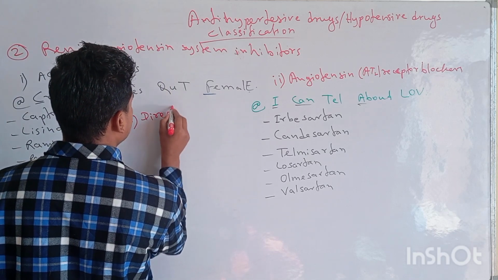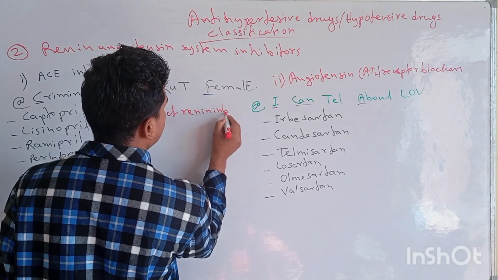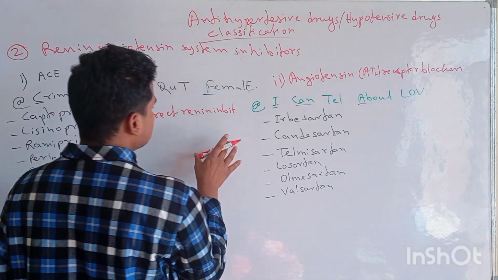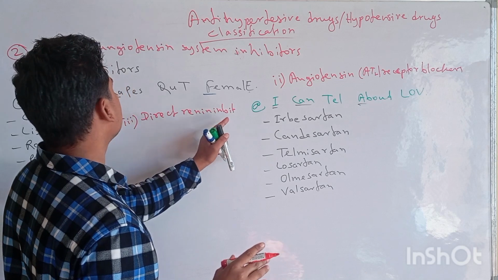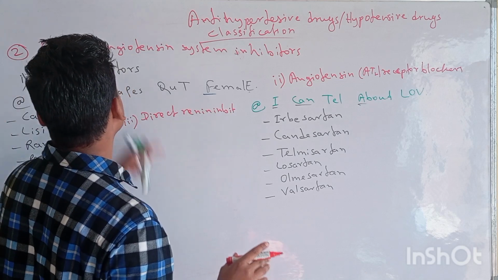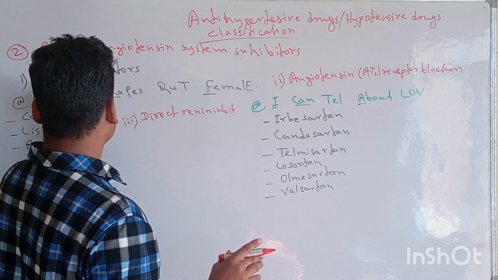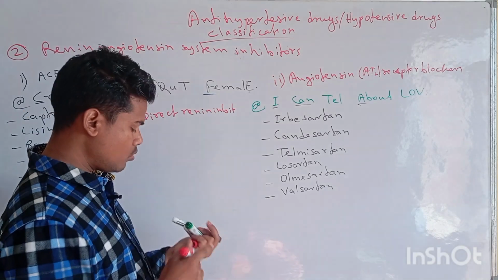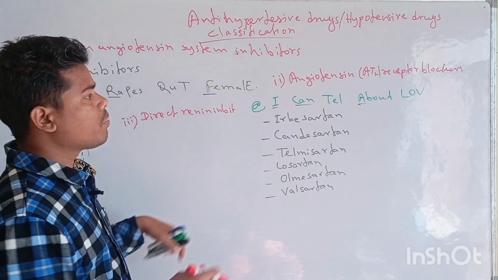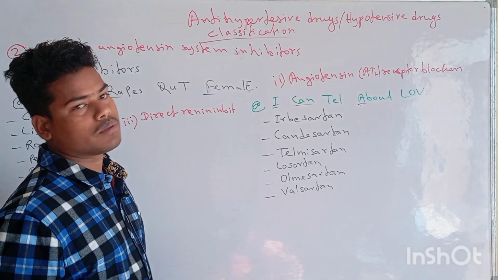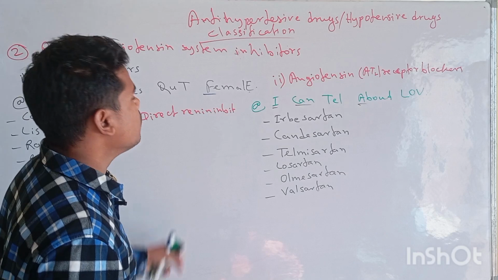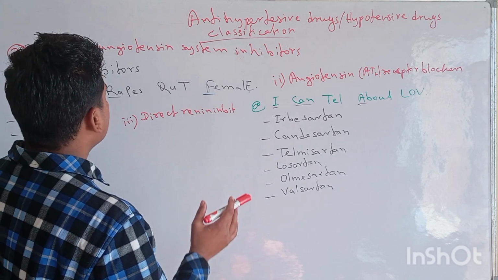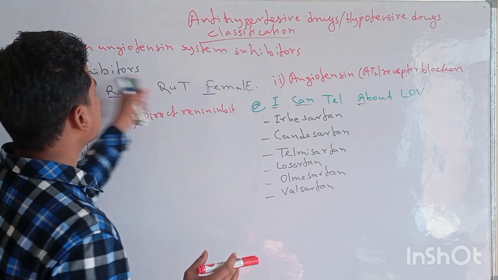That is direct renin inhibitors. Renin, you know, this is the enzyme that catalyzes angiotensinogen, and ACE forms angiotensin 1, and that angiotensin 1 will be converted to angiotensin 2 by this ACE, angiotensin converting enzyme, and that angiotensin 2 will act in various ways to elevate the blood pressure and blood volume, and that action of angiotensin will be inhibited by all these drugs.